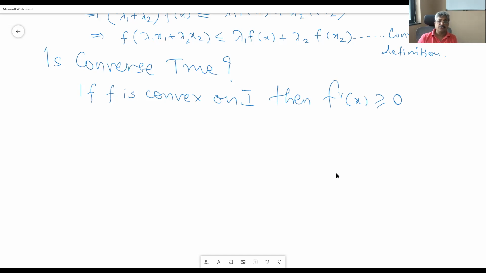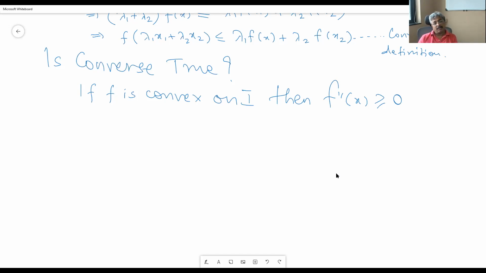We are going to consider the functions where f double dash of x exists, because if f double dash of x I cannot find out, then there is no question of checking whether it is convex or not. So when we are saying that function is convex on I, we mean if I take 2 points in that interval and join the chord, then point on the chord is above point on the curve for x1 comma x2 in that interval. That is what is implicit when I say f is convex on I.